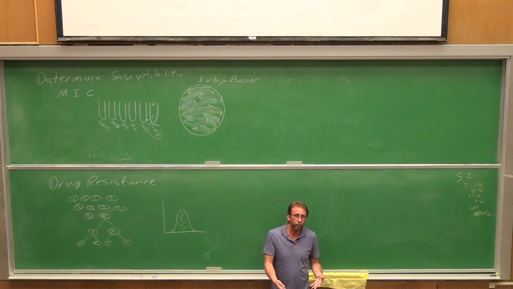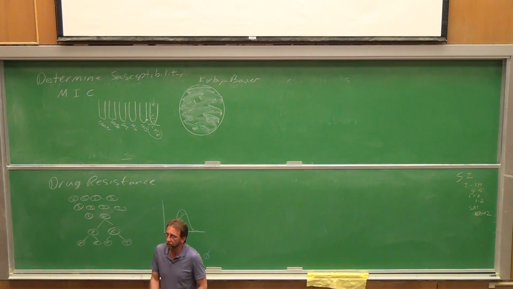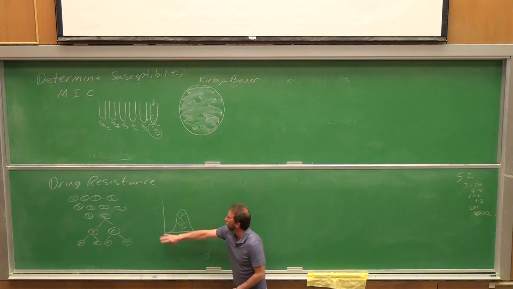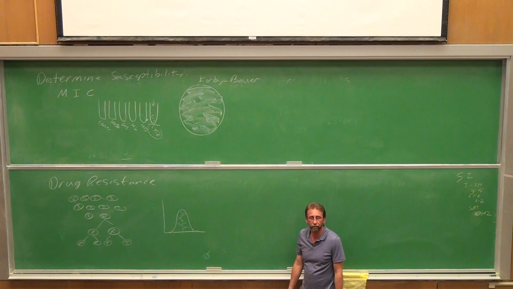Such is the case with MRSA, Staphylococcus aureus. 50 years ago, only 3% of the cells showed any kind of resistance to penicillin, any kind of resistance to methicillin. Today, over 95% of the strains are resistant to penicillin. That's a development of resistance just over the last 50 years or so.